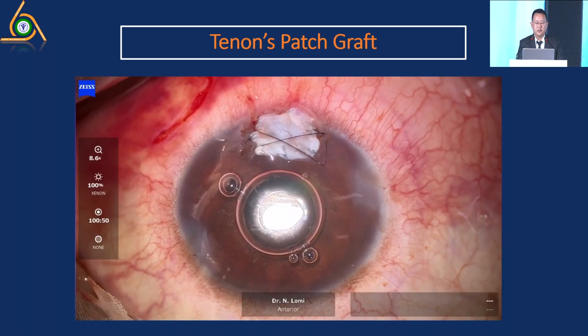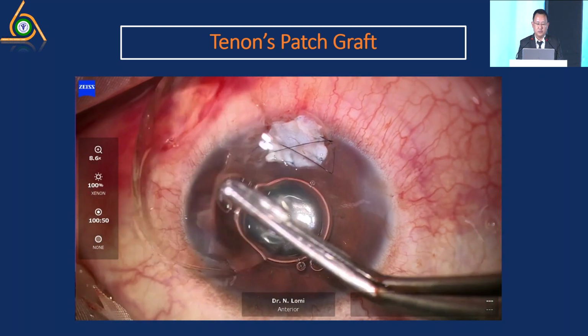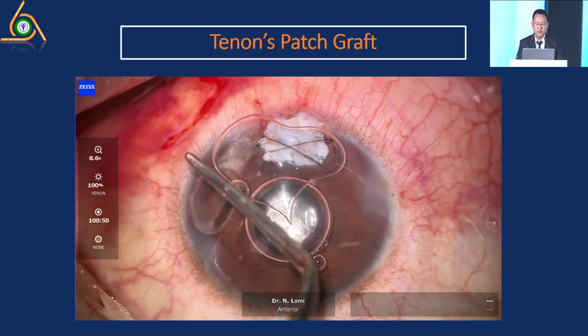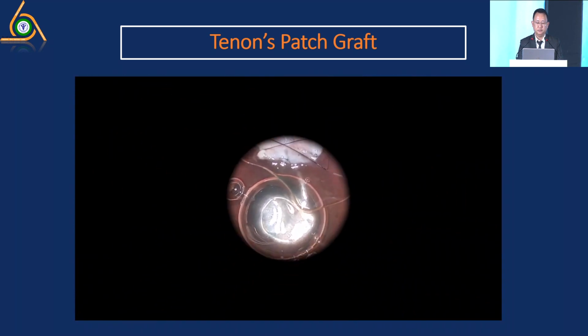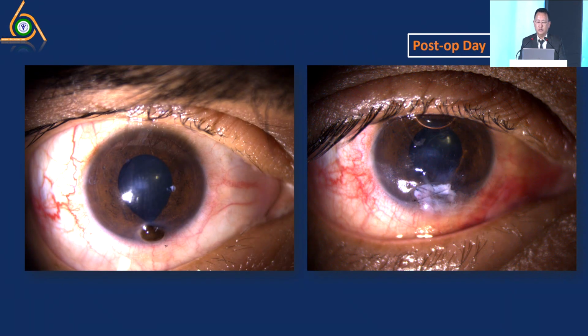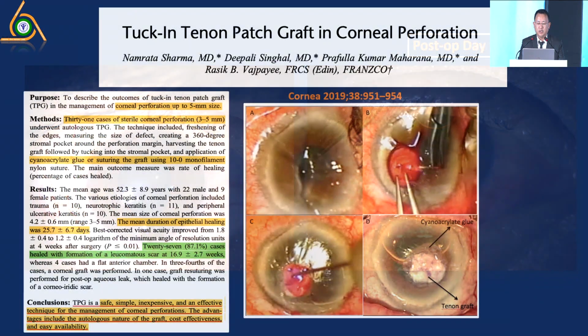You can use 2 X sutures or a single X suture, followed by the placement of BCL. You see in the post-op that the AC is well formed now, but we have to be careful with the post-op management and continuous follow-up of these patients.